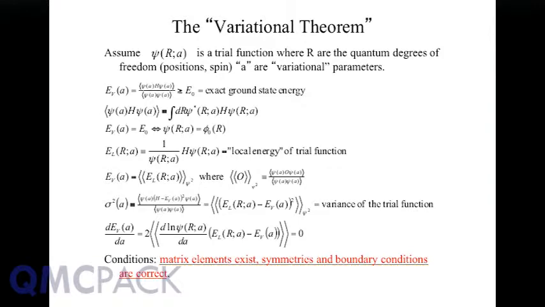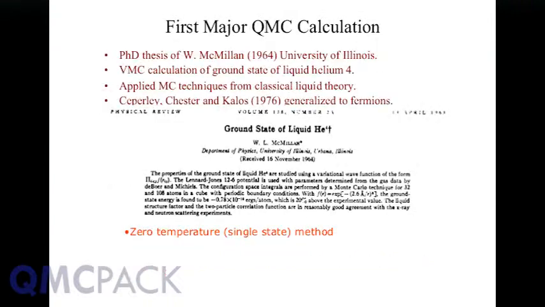But the variance, on the other hand, is an absolute measurement because we know the exact wave function has sigma squared equals 0. Variance is in units of Hartree squared. That tells you something about how much the local energy fluctuates and how bad the wave function is.